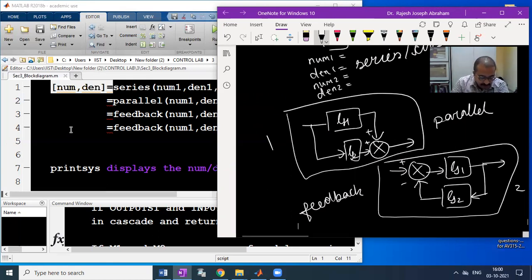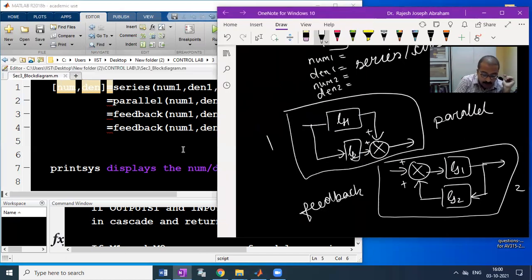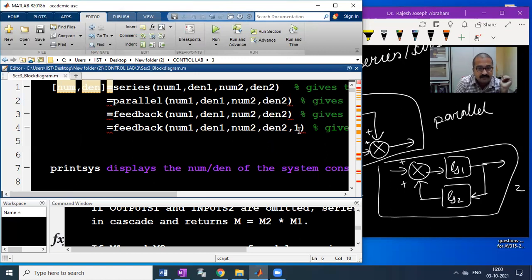The syntax is feedback of num1 comma den1 comma num2 comma den2. By default, MATLAB will assume a negative feedback. But in case you have a positive feedback, then we have to add an extra +1 here to indicate that it is a positive feedback.